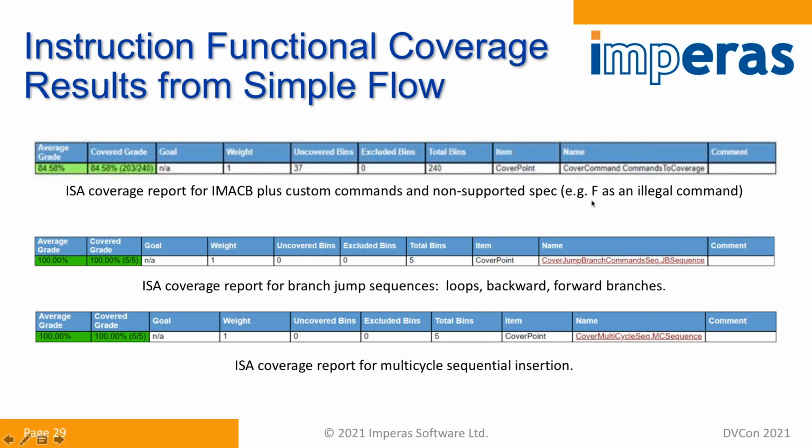For example, looking at floating point instructions as an illegal command. So we see that here we're able to look at the behavior. We're able to look at branch jump sequences. We're able to look at multi-cycle sequential insertion. We're able to get very high functional coverage for this.